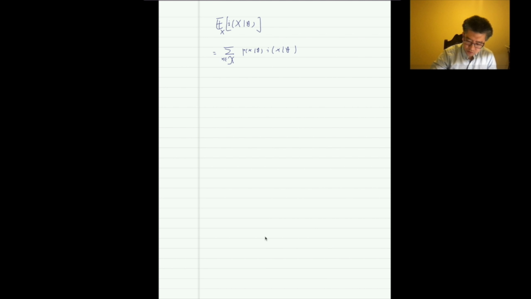Note that here we're given the realization of y, so here we should write the conditional probability, x given y, and then the self-mutual information.